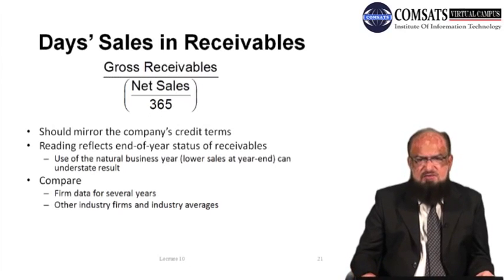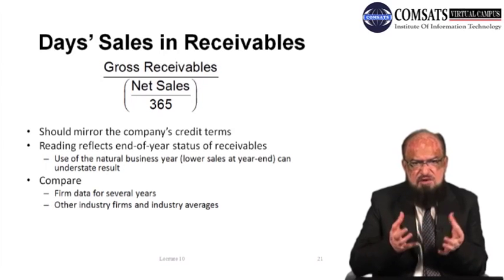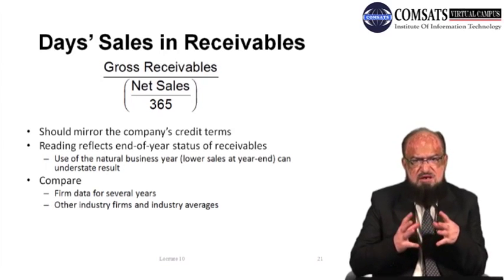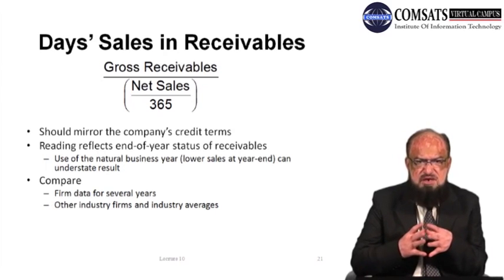So dear students, I would like to give you an overview of all the ratios we have discussed in various previous lectures. I am reminding you and reviewing which ratios we discussed in which lecture.